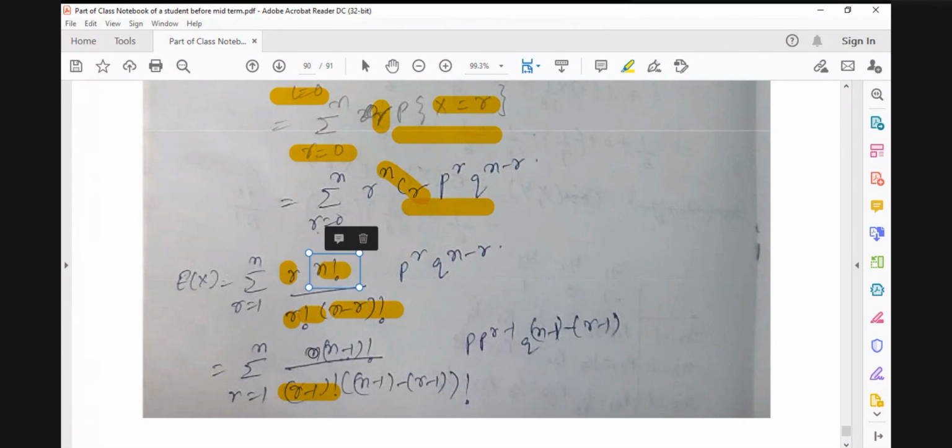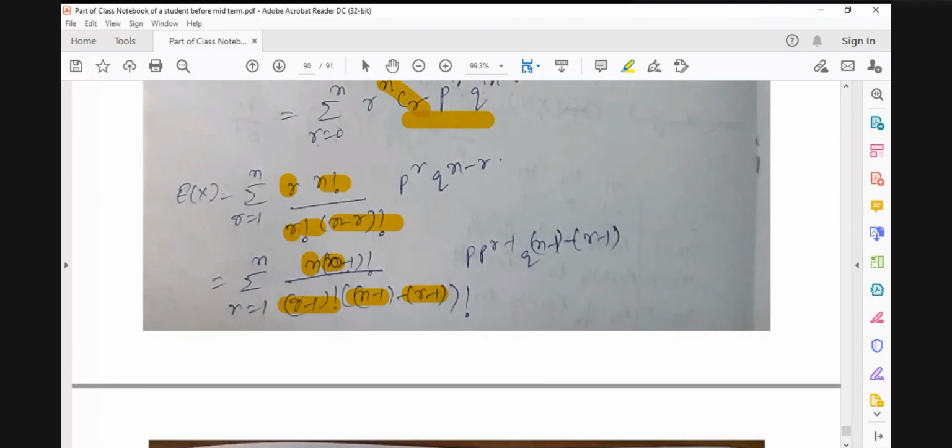Similarly, this n factorial can be written as n into n minus 1 factorial, and this n minus r can be adjusted like this, n minus r minus 1. So now you can see this n minus 1 factorial, r minus 1 factorial into n minus 1 minus r minus 1 factorial. So this can be written as n minus 1 cr.